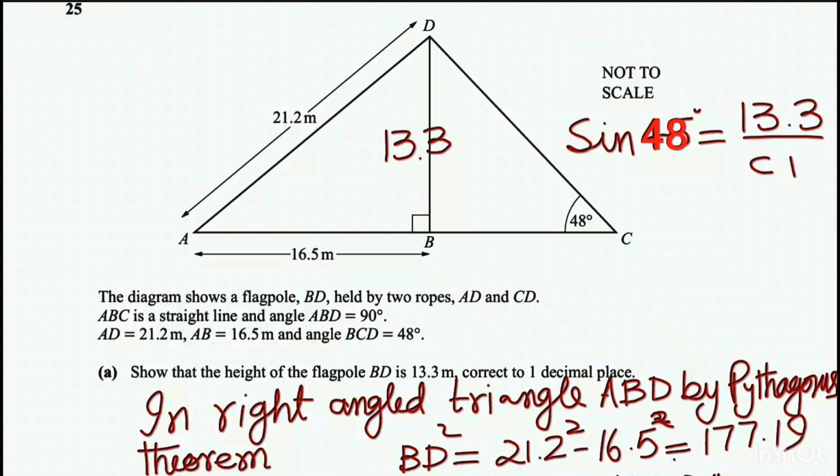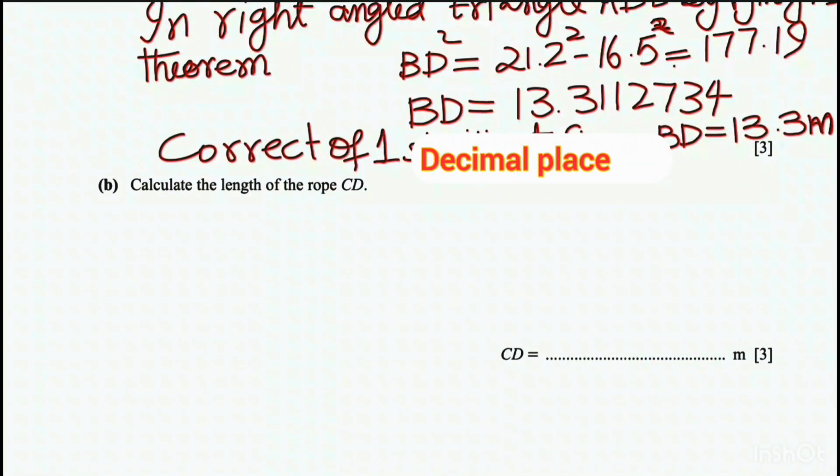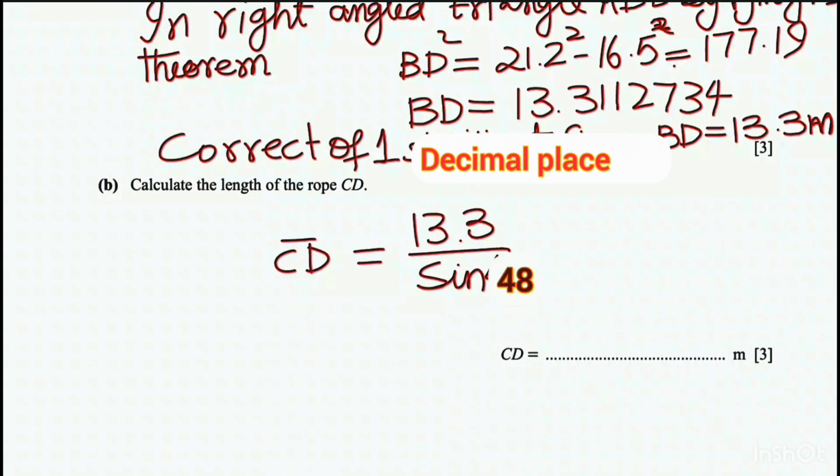Sine 48 is 13.3 by hypotenuse CD. So CD is equal to 13.3 by sine 48. Using a calculator, the value of 13.3 by sine 48 is 17.9. So CD is 17.9, and it is done.